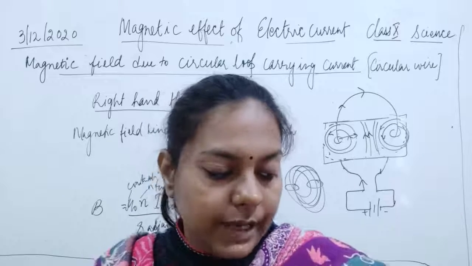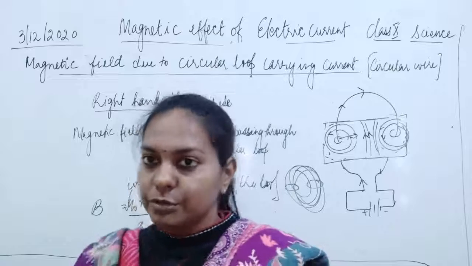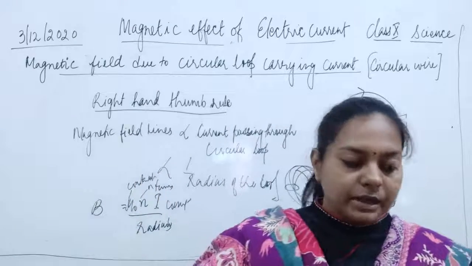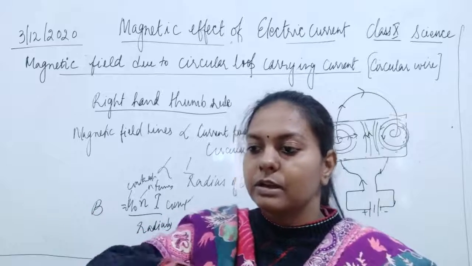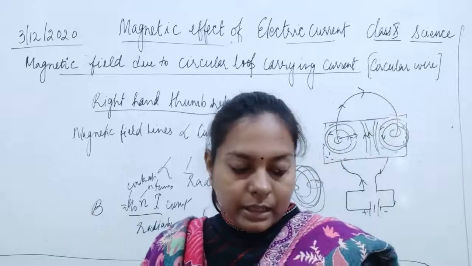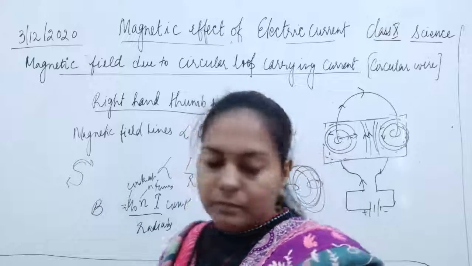Fine. Now next is cork face rule और cork screw rule भी बोलते हैं इसको, कि जब मैग्नेटिक फील्ड किसी भी करंट में अगर मैग्नेटिक फील्ड सर्कुलर डायरेक्शन में क्लॉकवाइज डायरेक्शन में है, then the magnetic field would be like this. Okay.